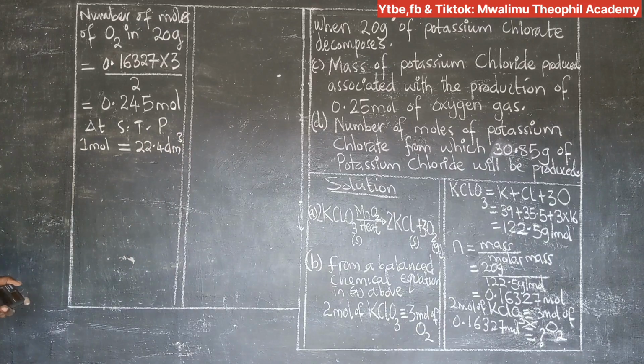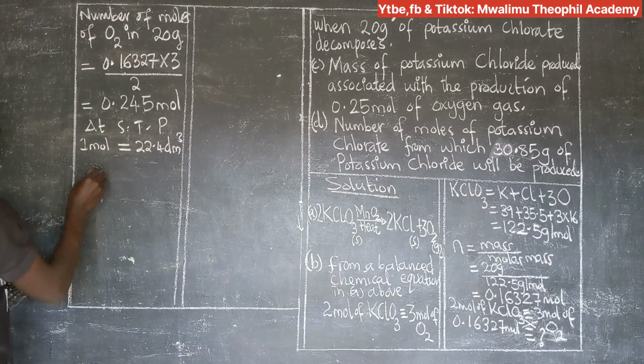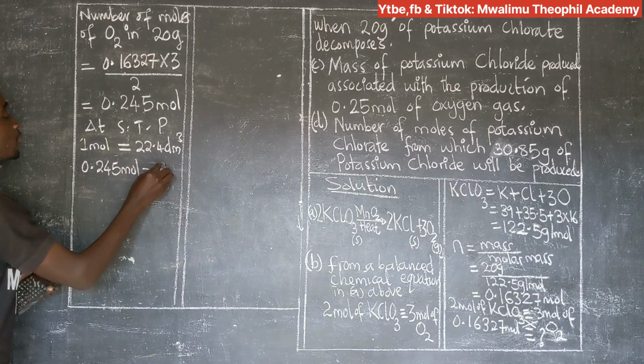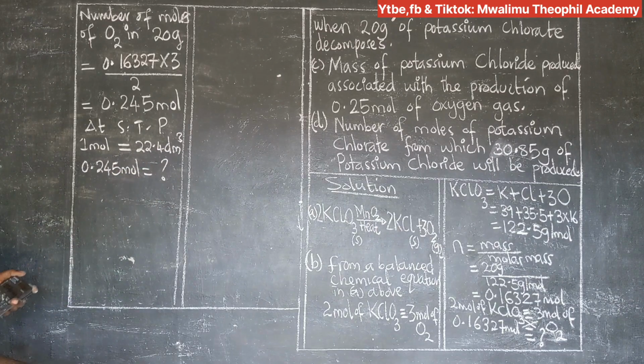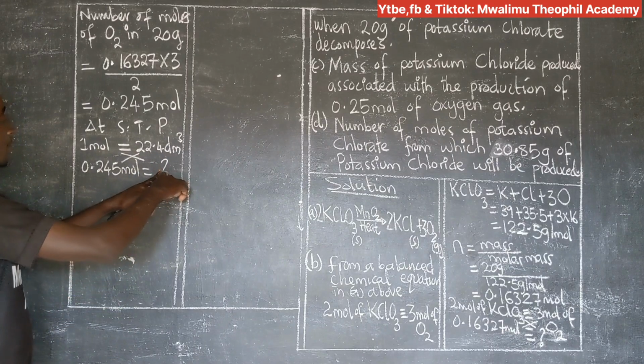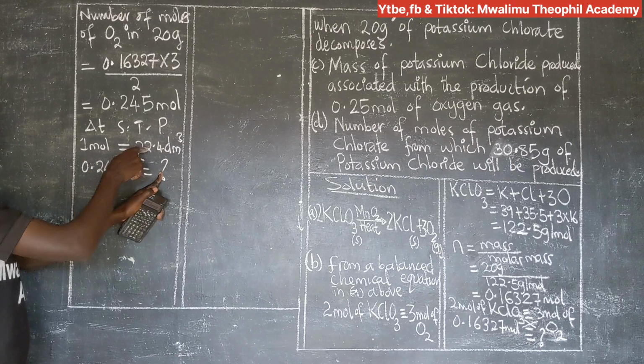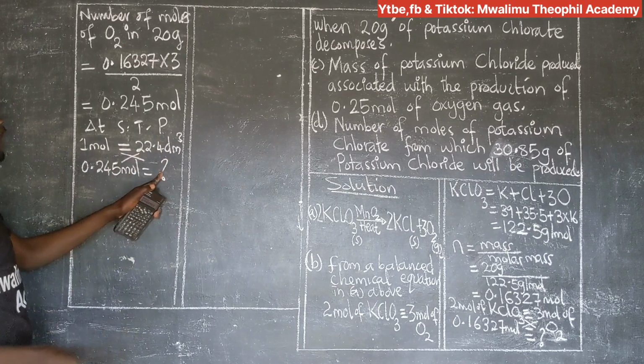Now we are having 0.245 mole. 0.245 mole is equal to how many decimeter cubic? So again, cross multiplication. To get the unknown value, we take 0.245 times 22.4 divided by 1.